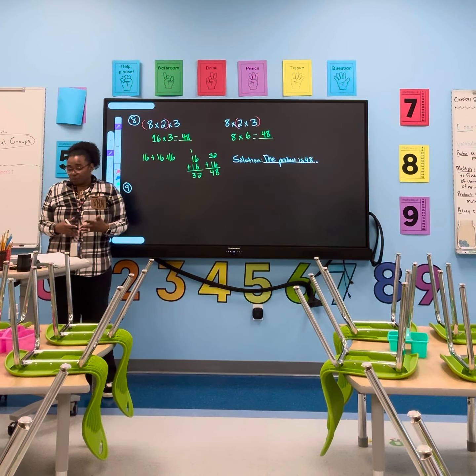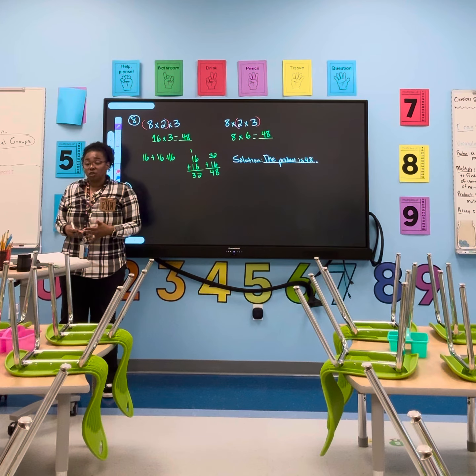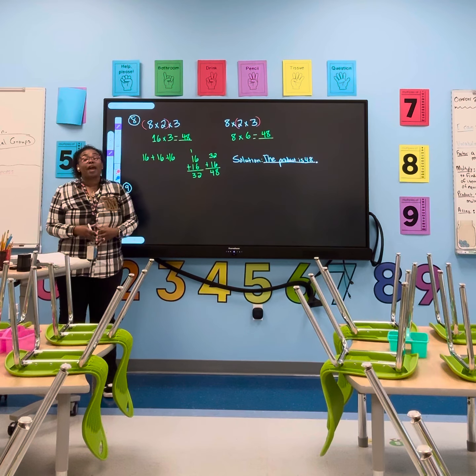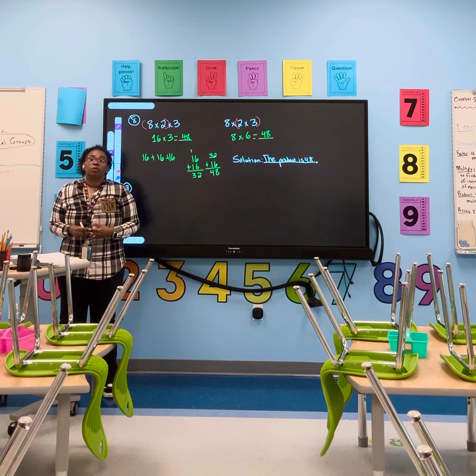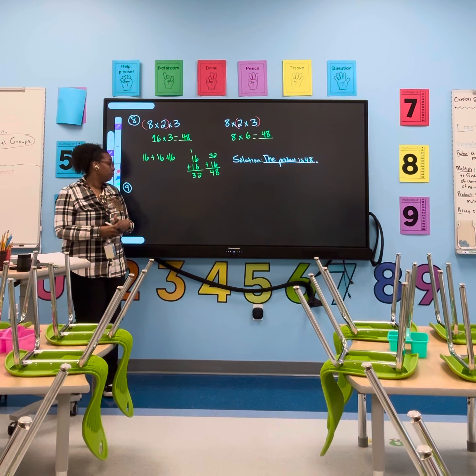So when it asks me which way of grouping is easier for you, I'm going to say the grouping where I have 2 times 3 in parentheses. And the reason why is because it gives me an easier fact to solve.